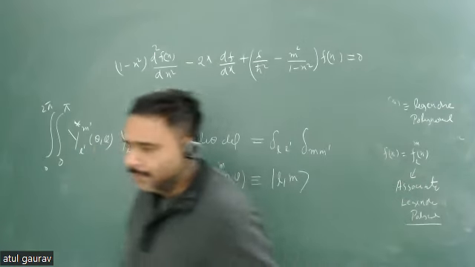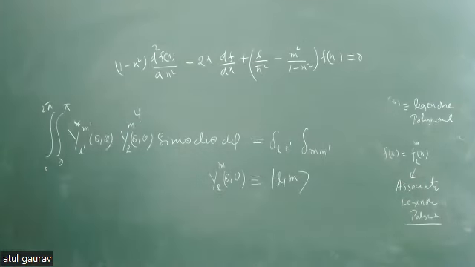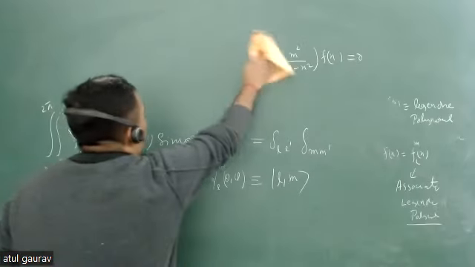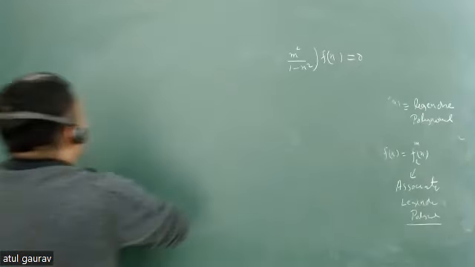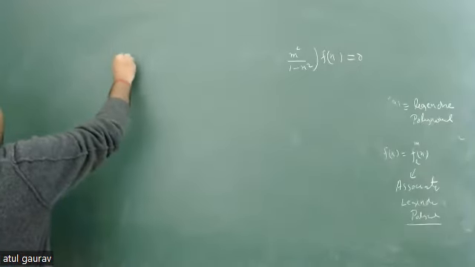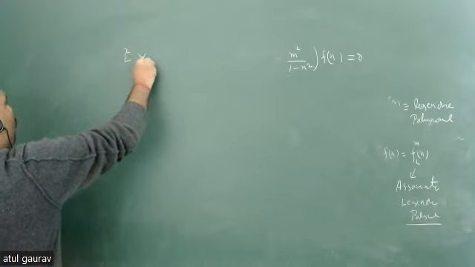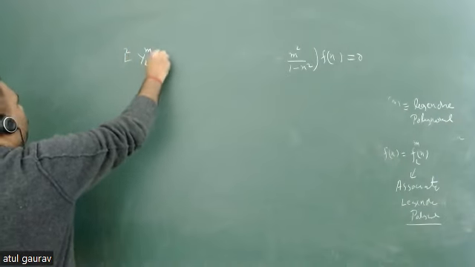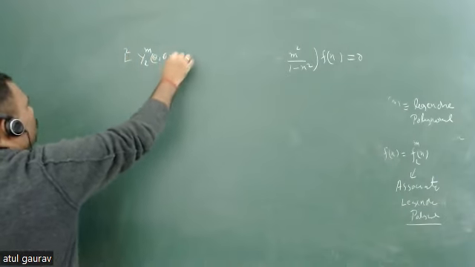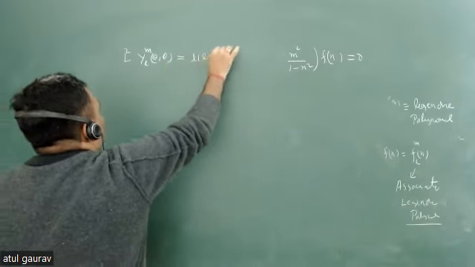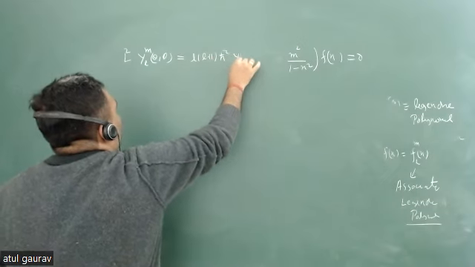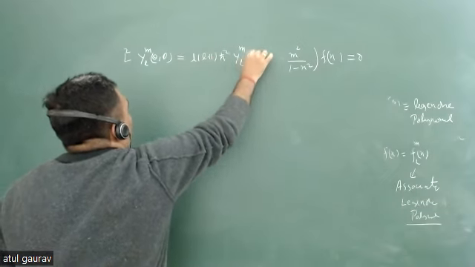ओके ठीक है. नाउ so what we have seen, we have now very interesting result that L square will operate on Y L M theta phi. That will give you L into L plus 1 h cut square Y L M theta phi.